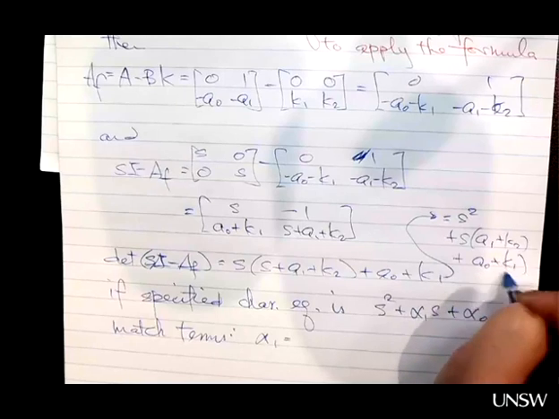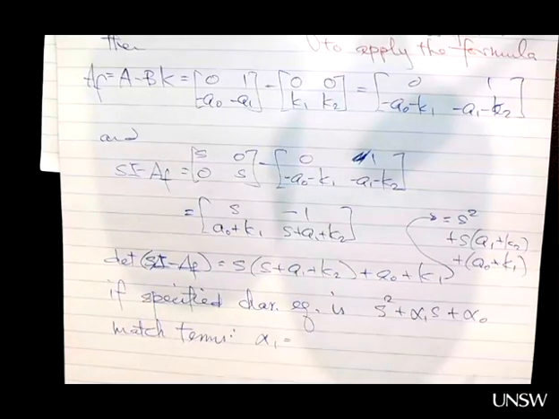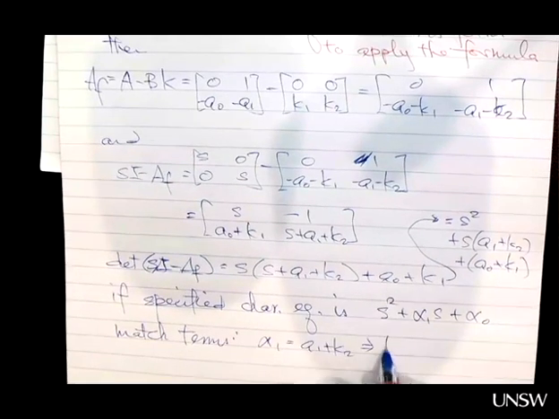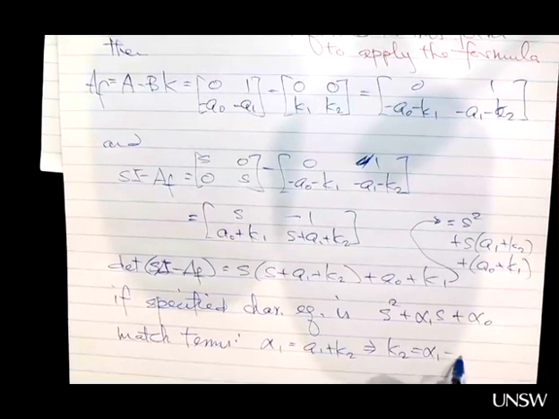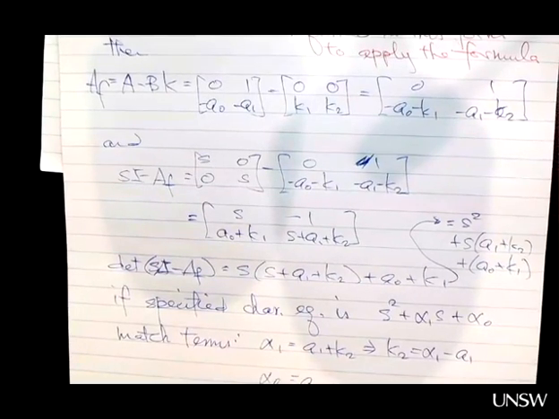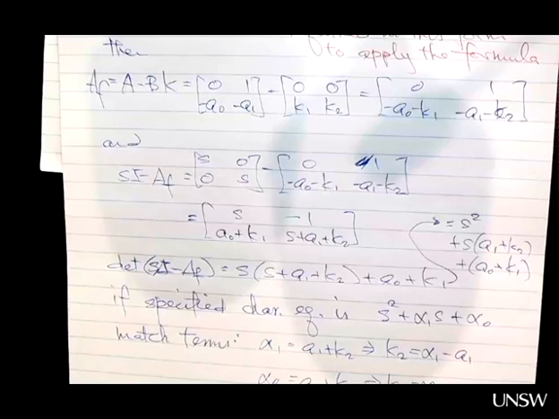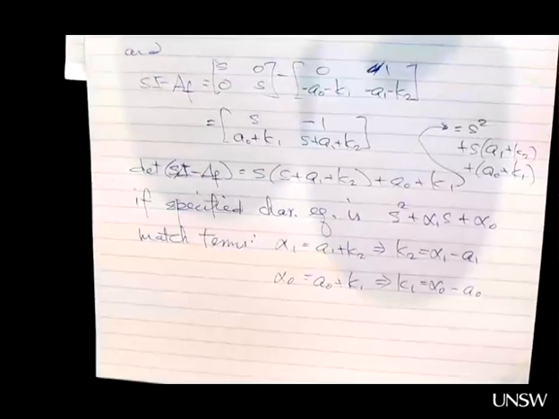So alpha 1 is A1 plus K2, so K2 is simply alpha 1 minus A1, and then alpha 0 gives K1. So what we see here is that the calculation is simple.